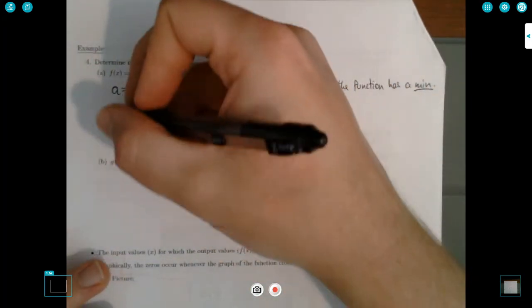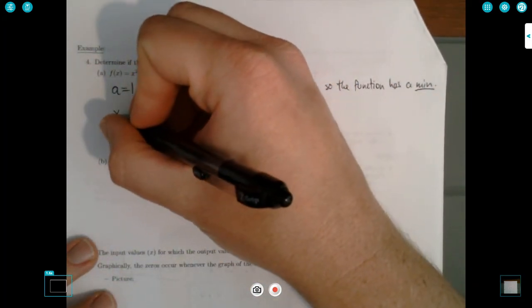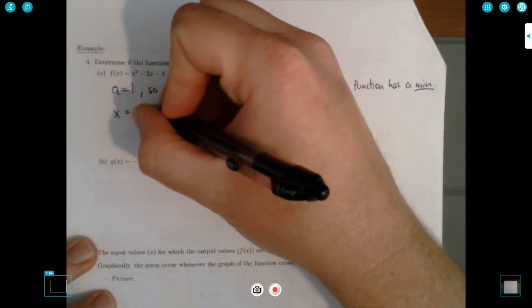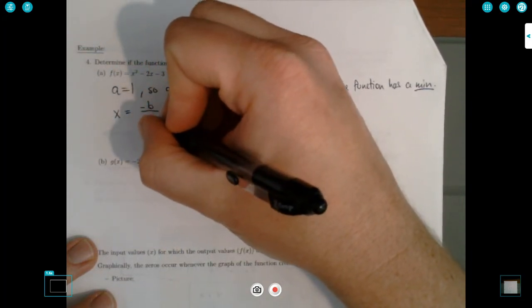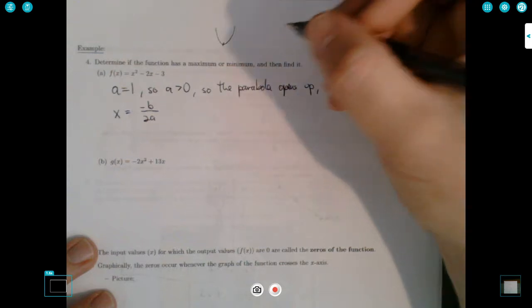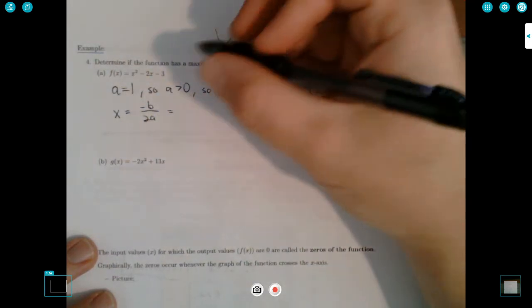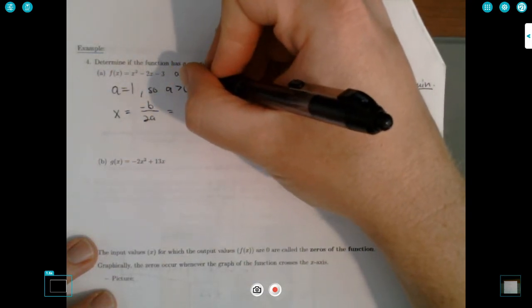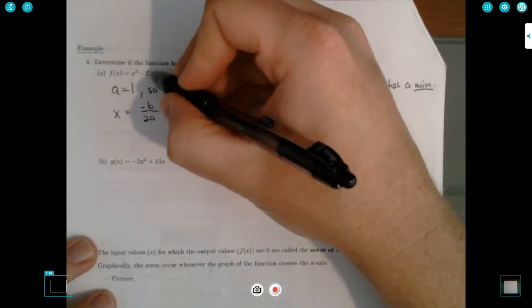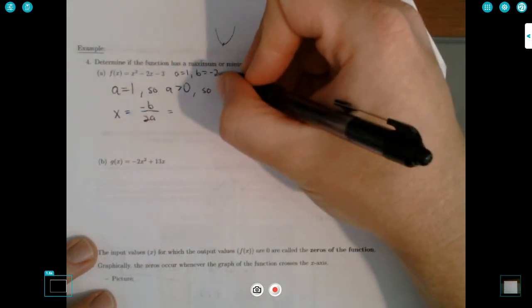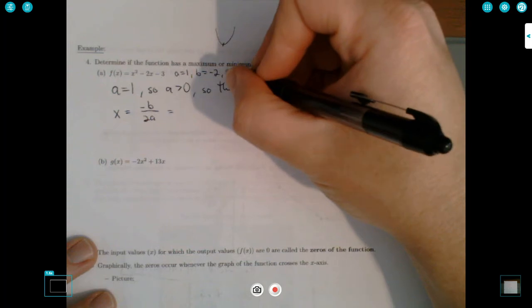To do that, we're going to use our vertex formula, right? The x-coordinate of our vertex is negative b over 2a. All right? In this case, a is 1, b is negative 2, and c is negative 3.